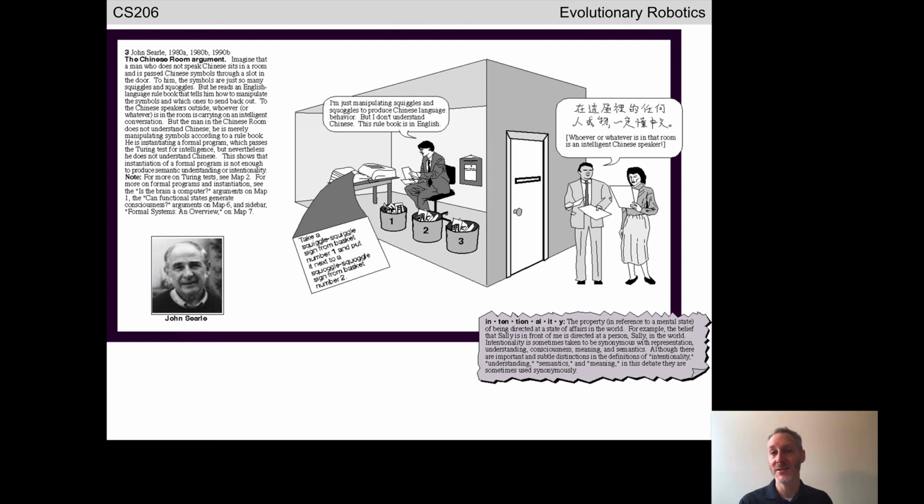Therefore, the Turing Test is not a good arbiter or measurement of intelligence. And Searle made this argument by proposing a thought experiment, the Chinese room, where the Chinese room, as we'll see in a moment, according to Searle, does not think, yet it passes the Turing Test.